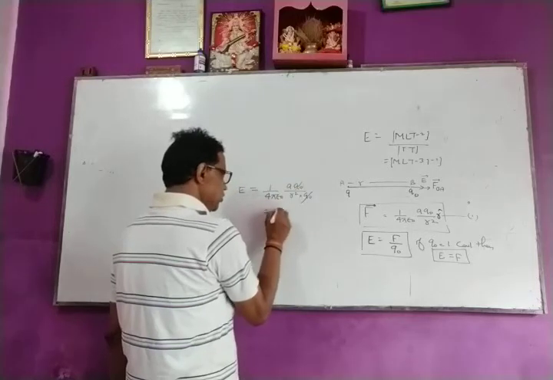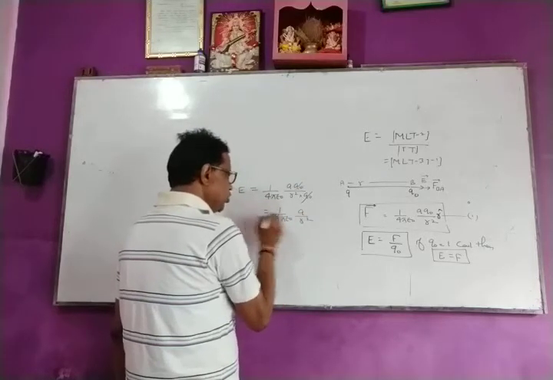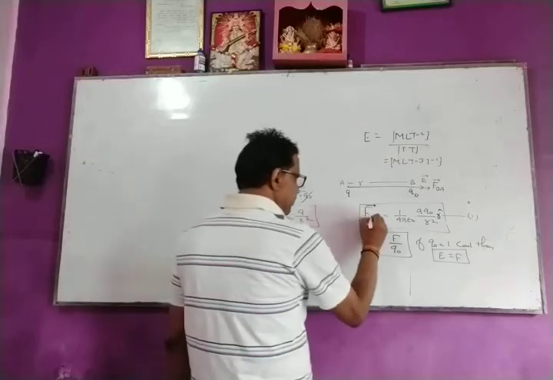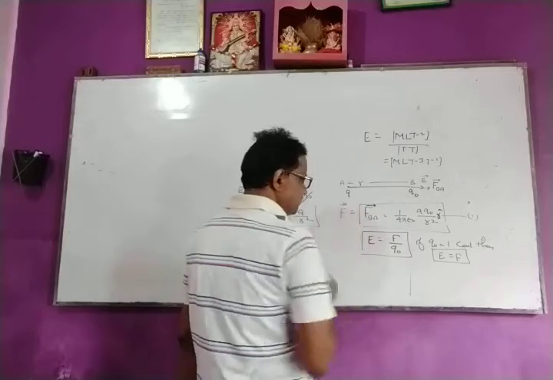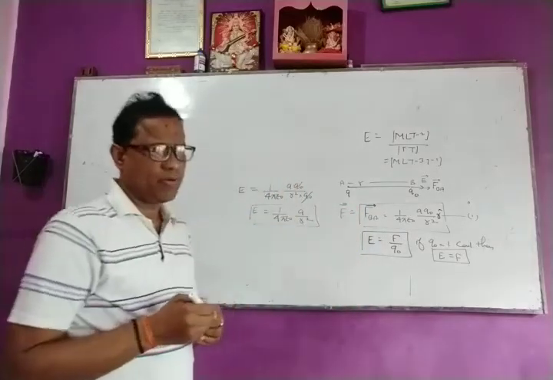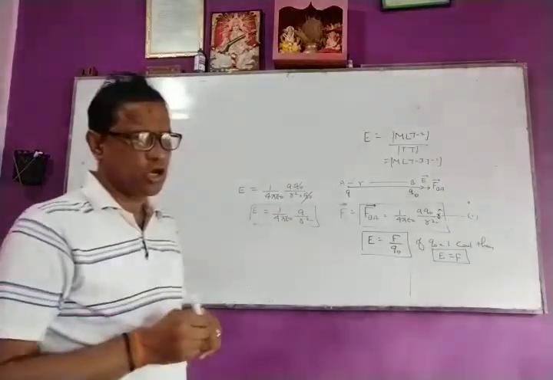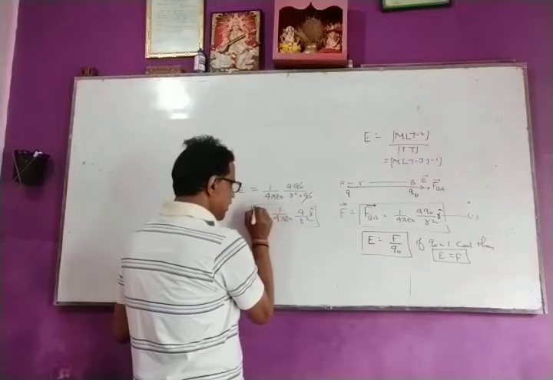Q naught cancels out, so E is 1 by 4 pi epsilon naught Q by r square into r cap.